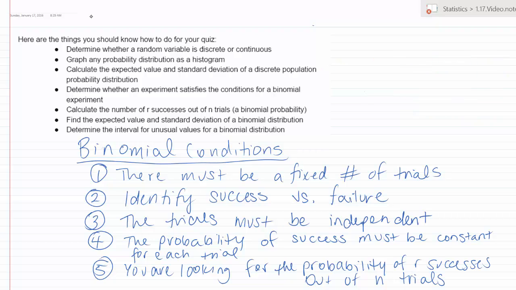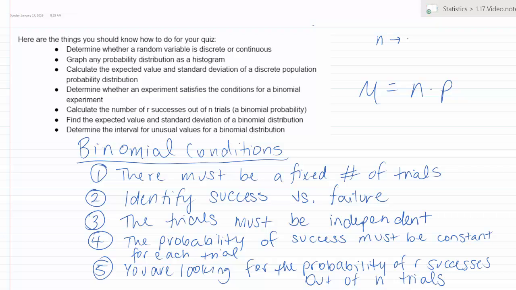You're also going to be responsible for finding the expected value and standard deviation of a binomial distribution. And this is the part that's a little bit easier. These formulas are much nicer than the formulas for regular probability distributions. To find the expected value mu of a probability distribution, you do n times p.